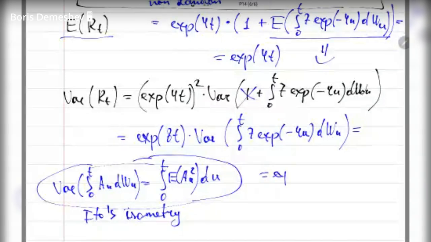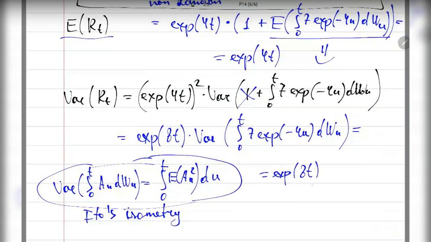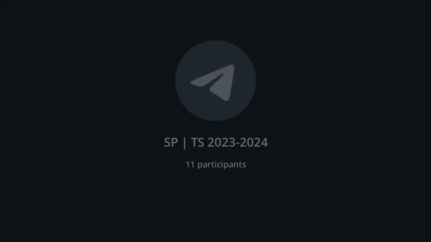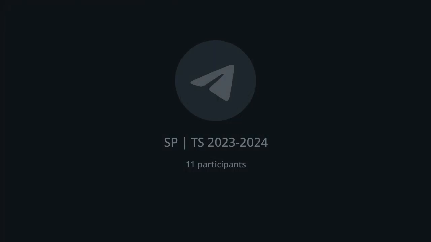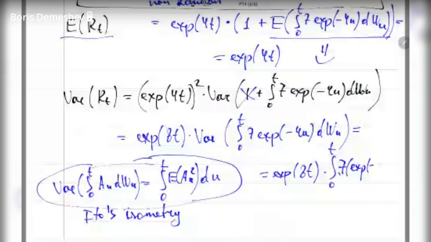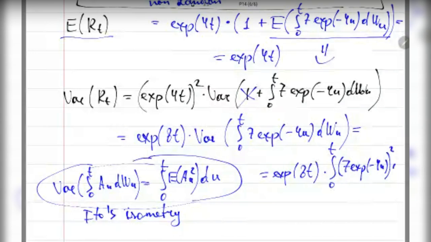So that's exponent of 8t, integral from 0 to t 49. Okay, I will square it explicitly. 7 exponent of minus 4u squared du by Ito's isometry.